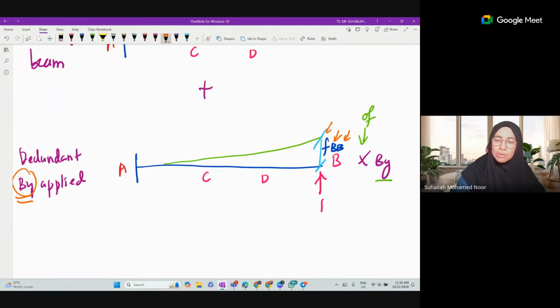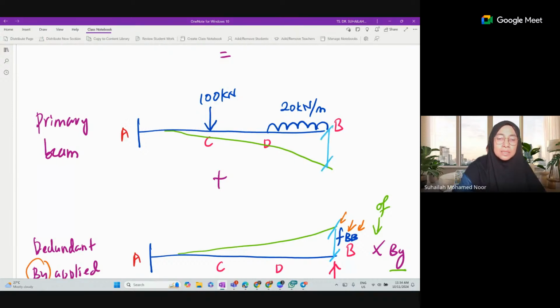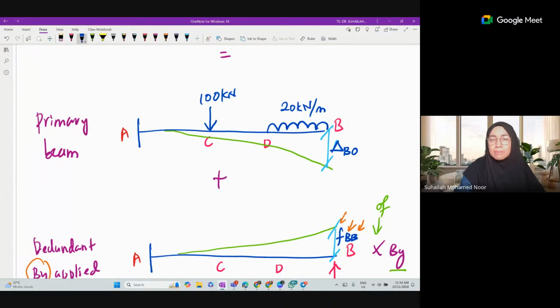Because due to a unit value, we use F. So for the primary beam, for the deflection, we just need to mark the delta at position B. So this will be labeled as delta at position B for the primary beam.